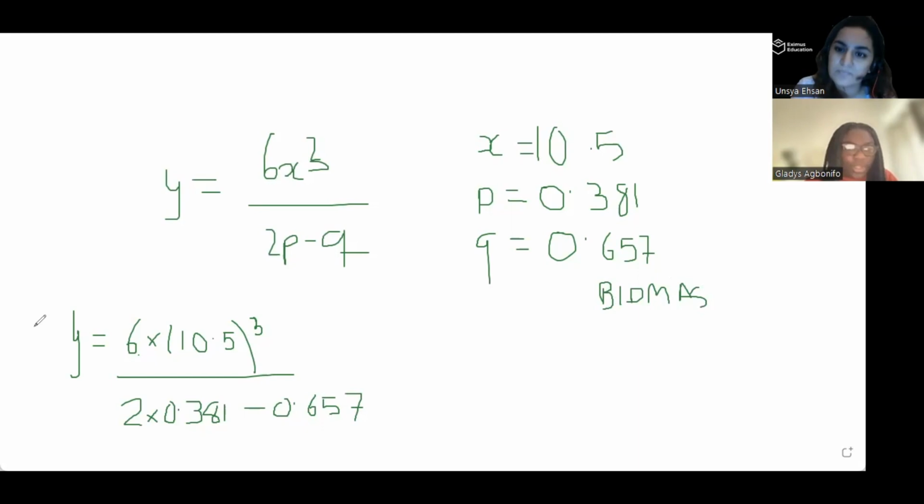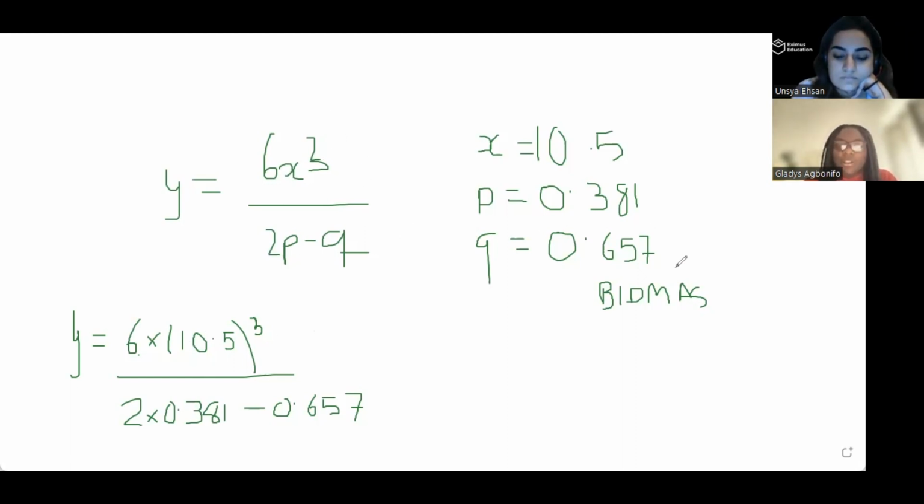So the first thing we would do, and I'm going to use my phone's calculator if that's okay for this, is whatever's in the bracket. So the top part is 10.5 to the power of 3. I'm just going to do that briefly on my phone calculator. Which is 1157.625.